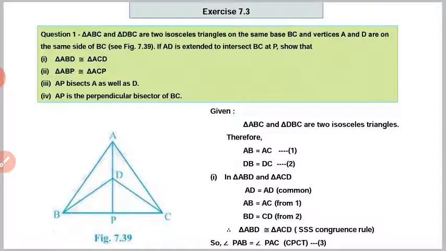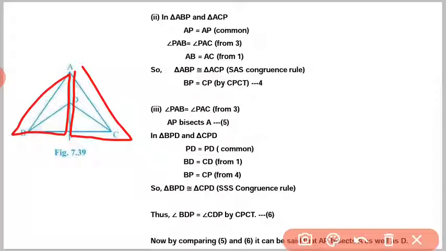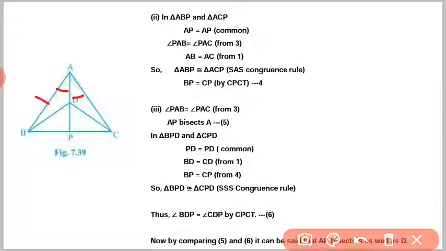Now the second thing we have to show is that triangle ABP is congruent to triangle ACP. So take triangle ABP and triangle ACP. It can be seen that AP is common to both the triangles, and this angle is equal to this angle, which we just proved, that is angle PAB is equal to angle PAC, and AB is equal to AC.